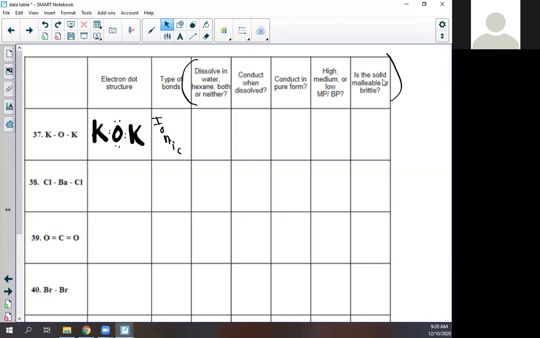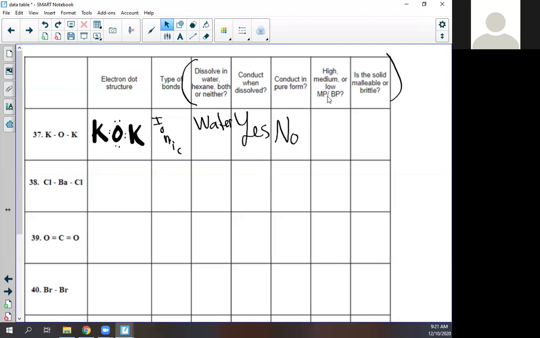Okay, here we go. Everyone shout it out with me. We'll just have a party here. Does KOK dissolve in water, hexane, both or neither? Water. You guys are great. Will it conduct when it dissolves? Yes, it will. Does it conduct in pure form?